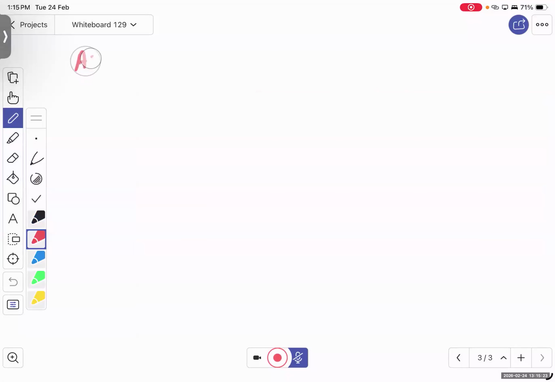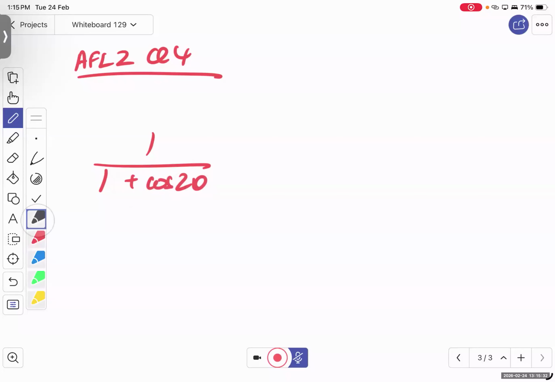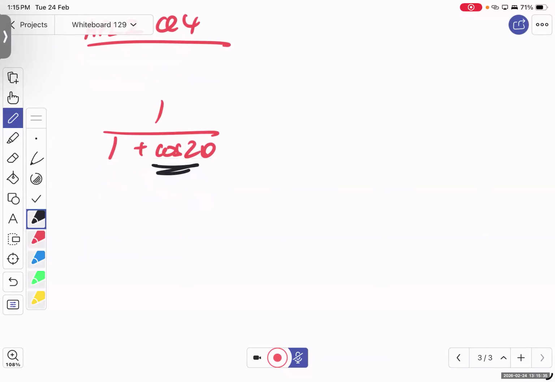Question 4. AFL 2, question 4. Whenever I see a 1 plus cosine 2 theta, from my humble experience, when you have a 1 and a cos 2 theta, in Chinese, you need to cut off the 1. The 1 has to be killed off. Most of the time, you will choose a version of cos 2 theta to carry off the 1.